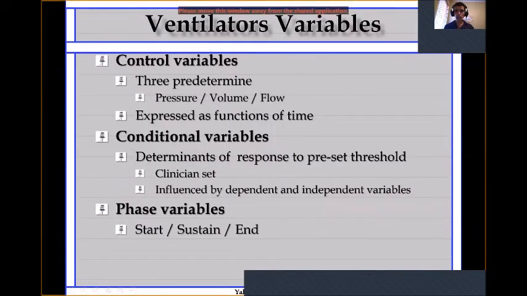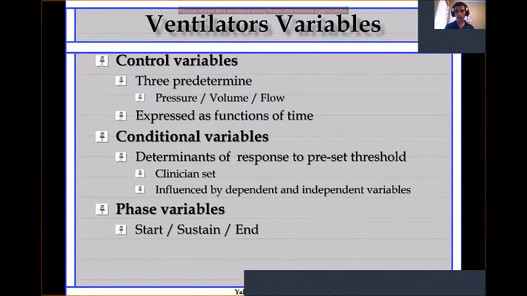Also, in the ventilator there are variables that control the ventilation. These variables are pressure, volume, and flow. Each of them is expressed as a function of time. And the variables are conditional and non-conditional. What does that mean?